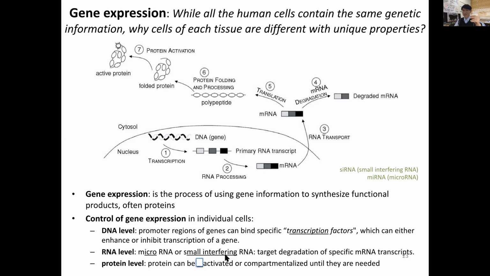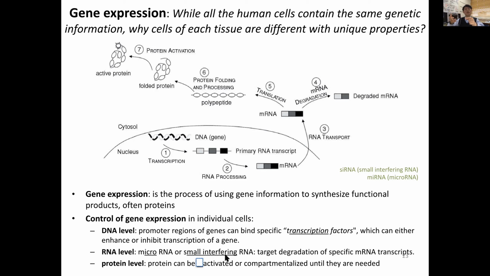You can put it into the cell, and it can interfere with a specific gene becoming translated. This revolutionized genetics, because by using siRNA, you can target a gene and specifically silence it from being expressed.